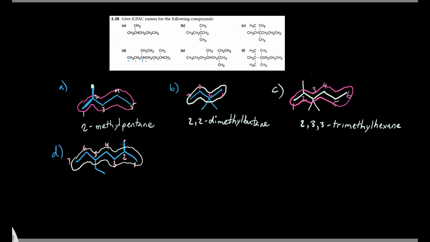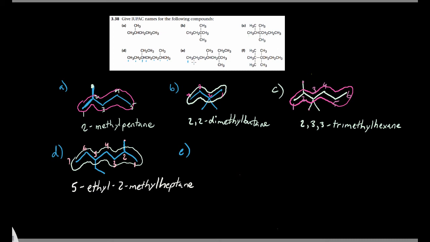But ethyl comes before methyl alphabetically, so we name the compound with the ethyl first. So 5-ethyl-2-methylheptane. Okay, so moving along to E.